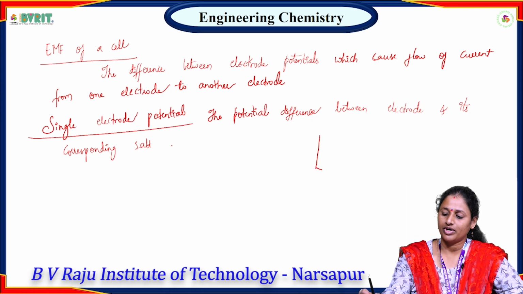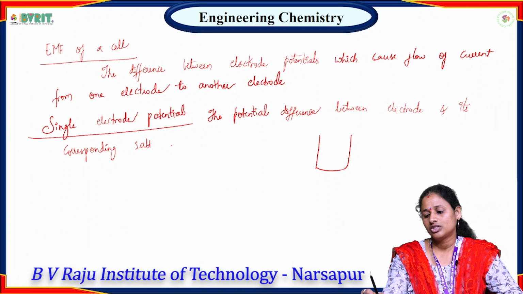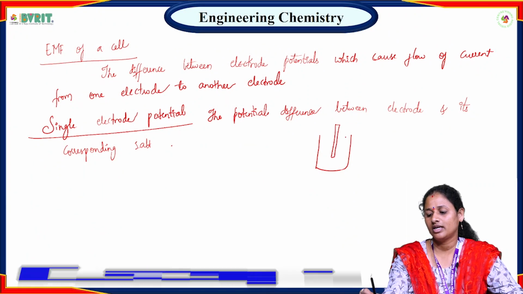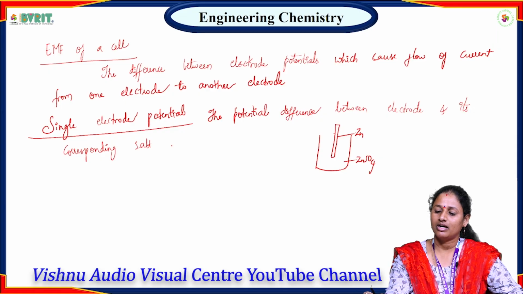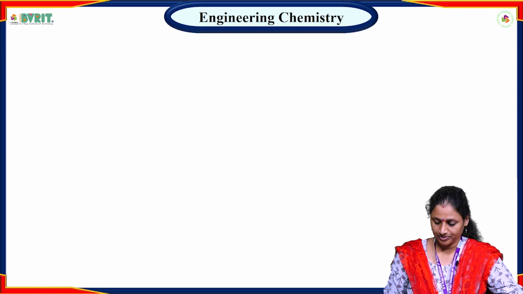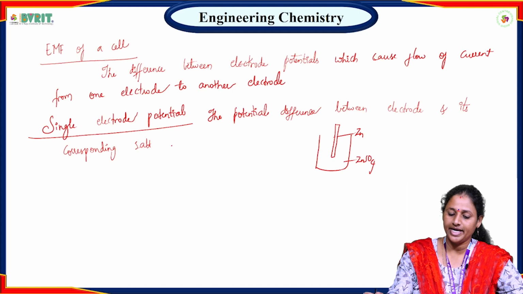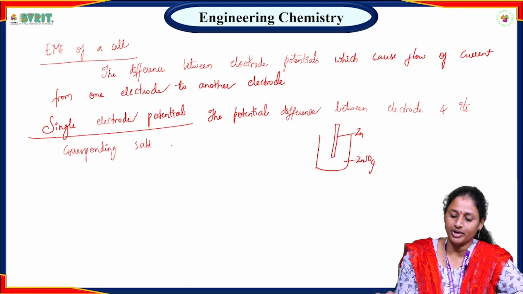If we have a zinc rod immersed in ZnSO4, there will be a potential difference between the electrode and its electrolytic medium. That is called single electrode potential.